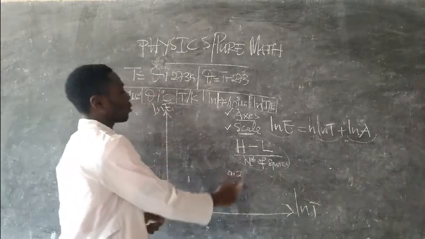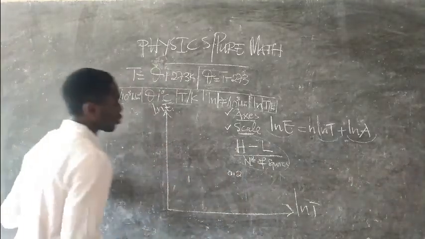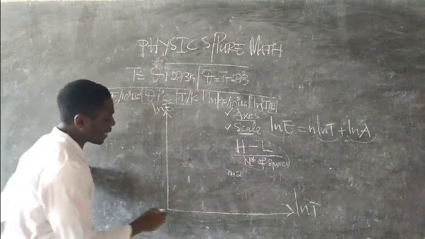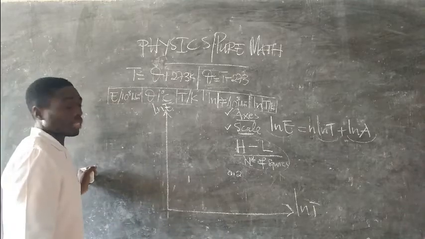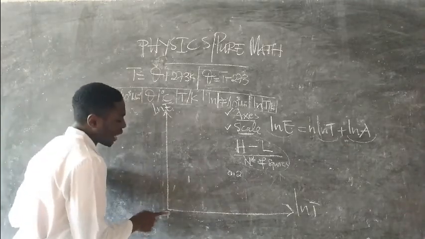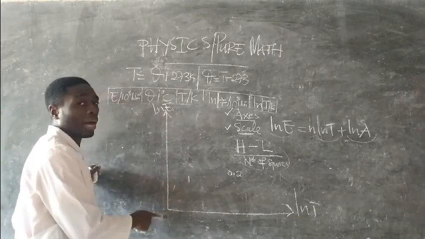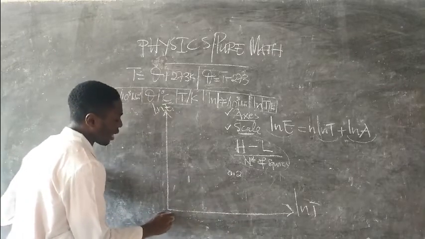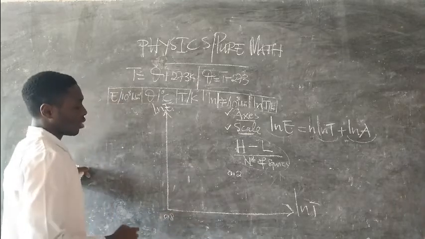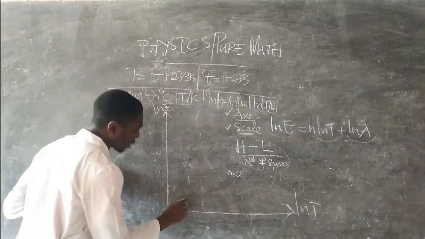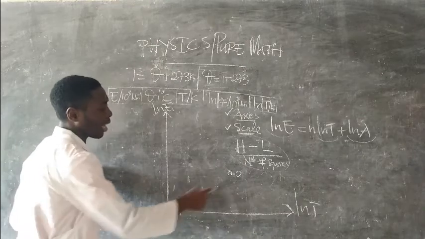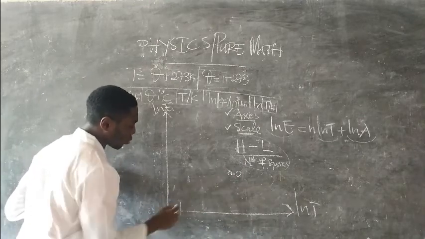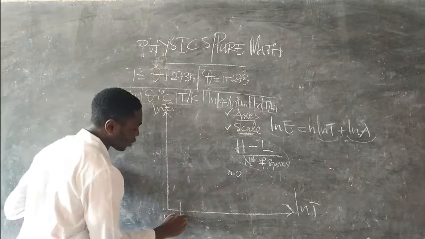Now if it is 0.2 and my lowest value is 1, it is not advisable for you to start the graph from 1. Start with a value which is a little bit lower than 1, maybe 0.8 in this case. So if this is the next square here, I take 0.2 because one square represents 0.2. If you add 0.2 to 0.8, you are going to have 1.